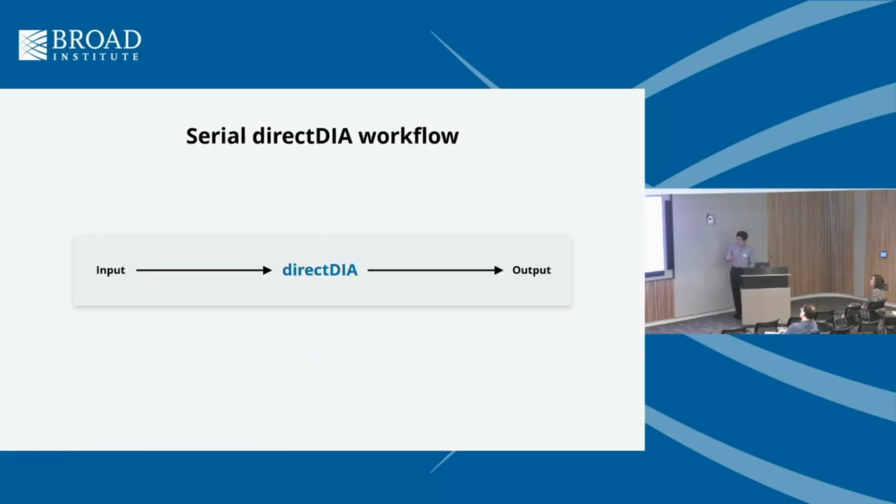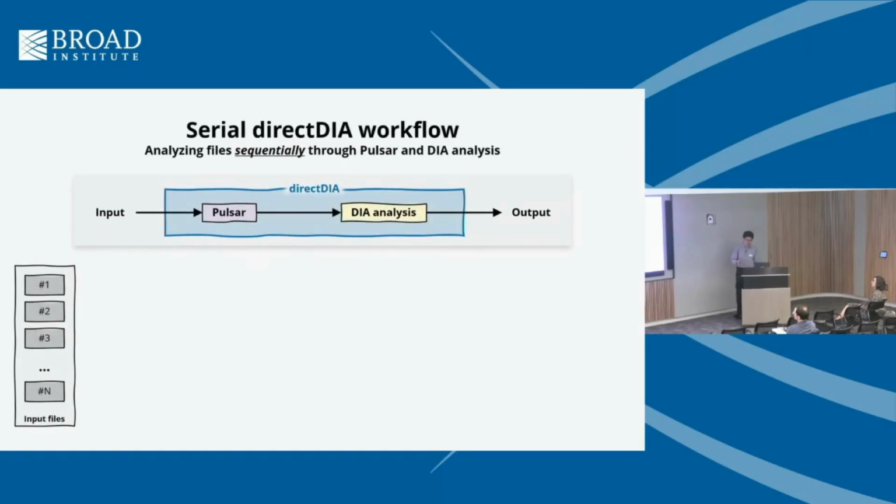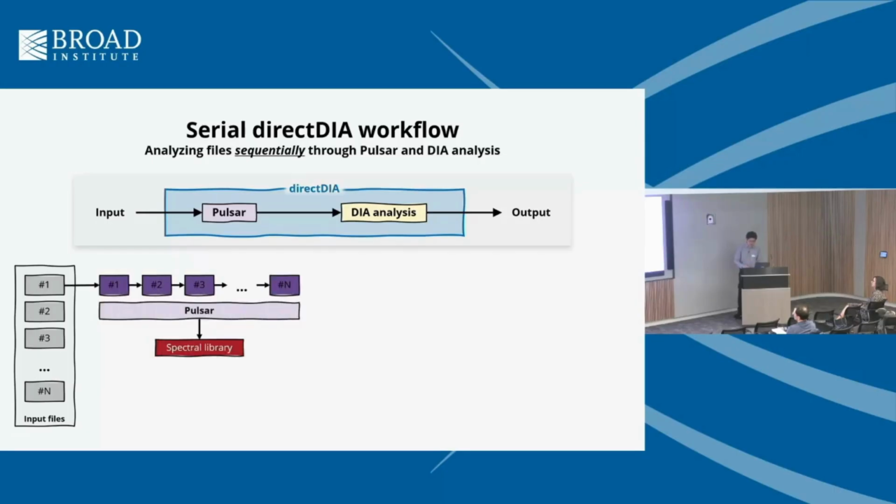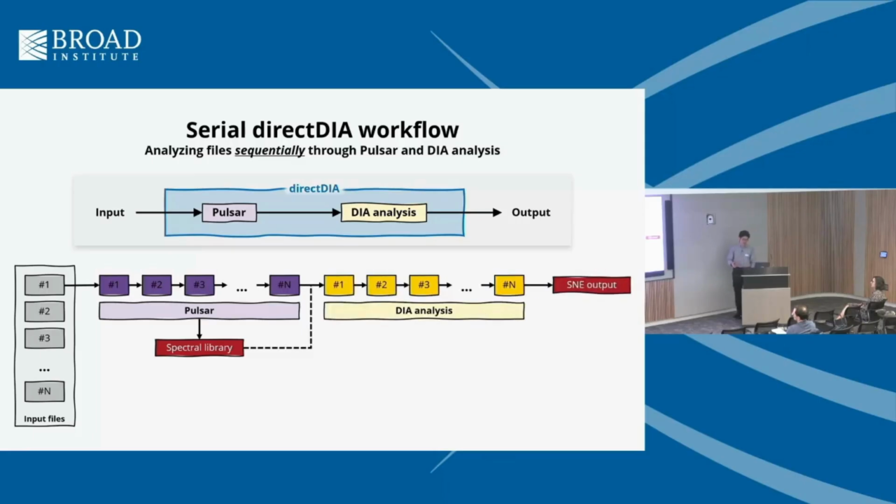So to explain the directDIA workflow with some visuals, when you run directDIA, actually 2 things happen. First, Spectronaut generates a spectral search library using the Pulsar engine. And using this generated spectral library, it runs DIA analysis to generate the final result as SNE output. The parallelization strategy is conceptually really straightforward.